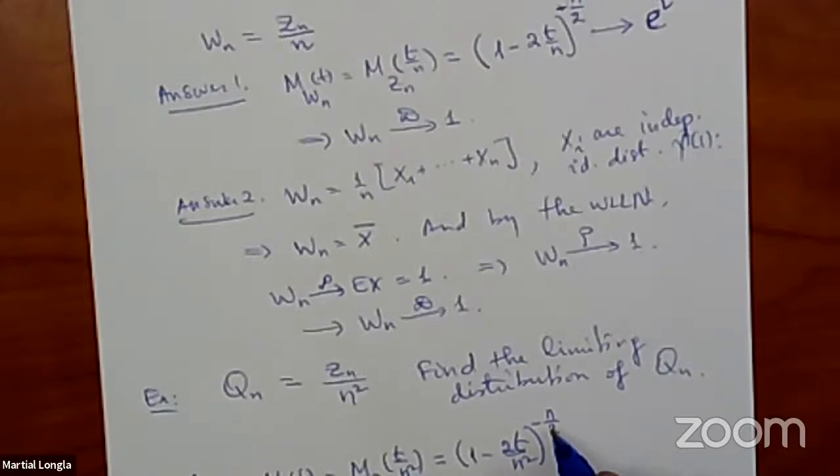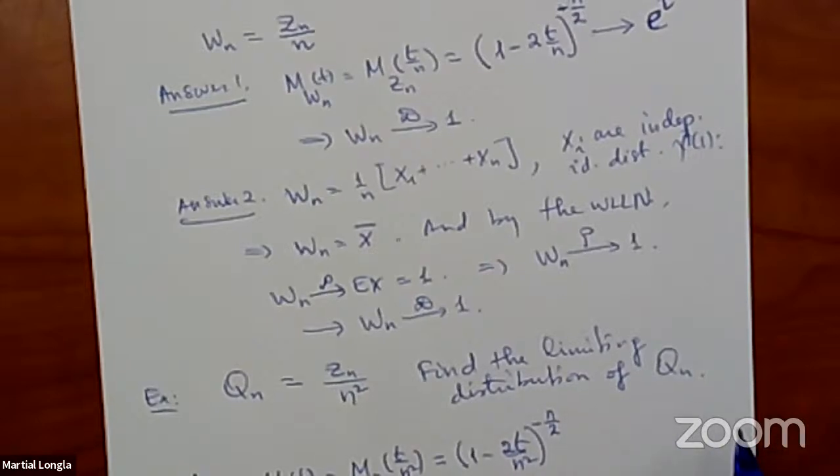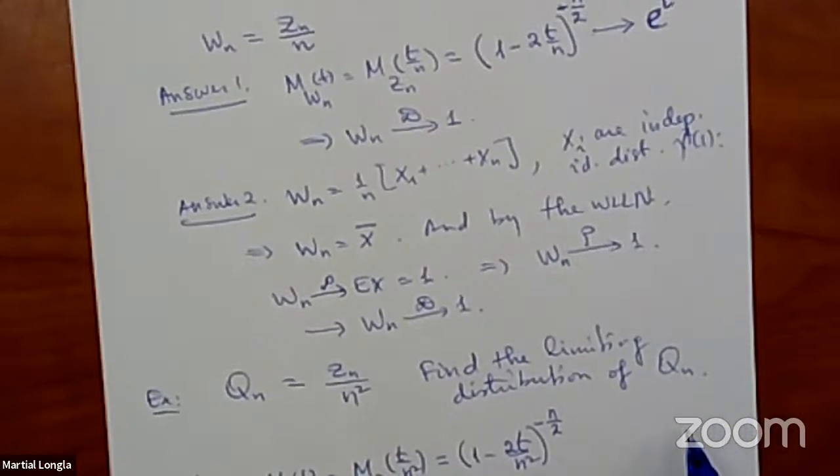Why would that be n squared? Well, it's n over 2.